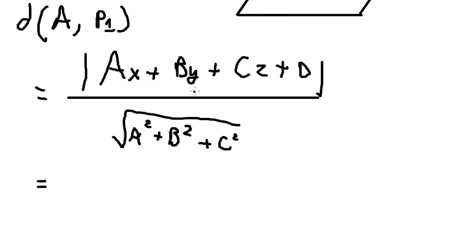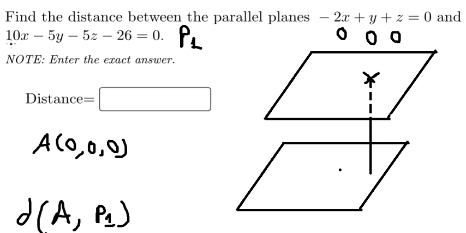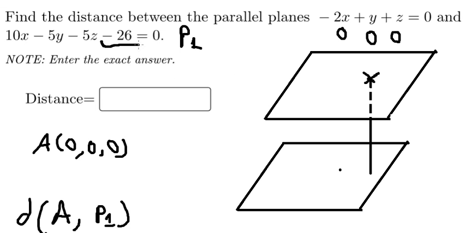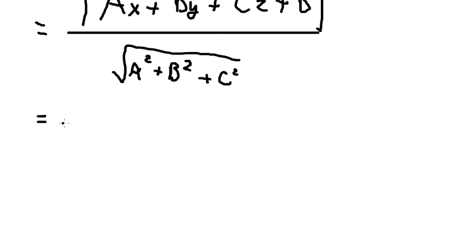So A, B, C, that is about 10, negative number 5, negative number 5. And D, that is about negative number 26.